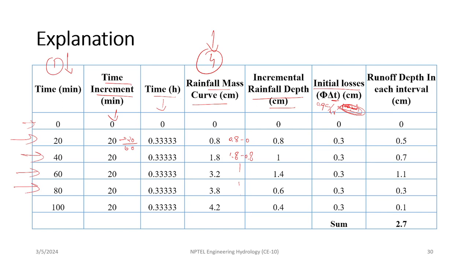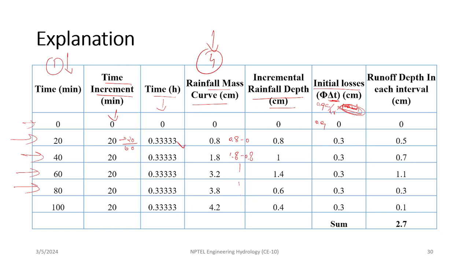So whatever phi value we have, 0.9, we have to multiply directly with delta t, that is the interval value. How much delta t are we getting? That is 0.33. So it will come to this much value only.